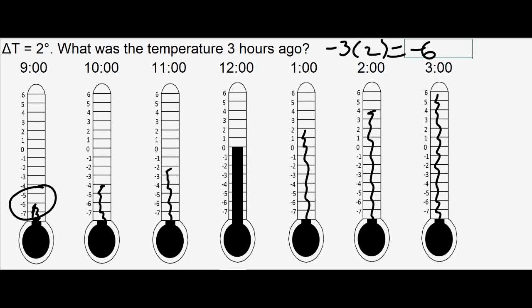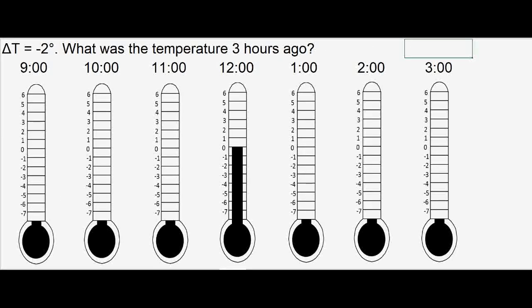But now we actually have a method for figuring out a negative times a negative. Now we have a -2 degree temperature change. It's going to go down 2 degrees every hour. The question now is, what was the temperature 3 hours ago? So now we have -3 times -2.